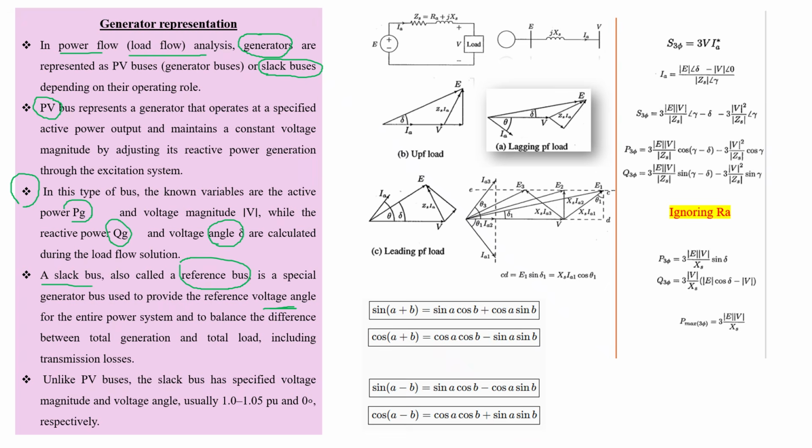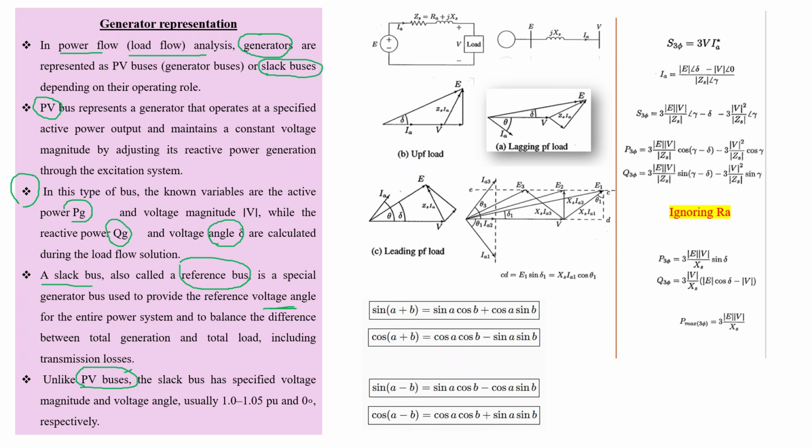So a slack bus has voltage and voltage angle as specified parameters. But in the case of a PV bus, we have active power and voltage specified, and other parameters like the bus voltage angle as well as the reactive power will be calculated based on the power mismatch.